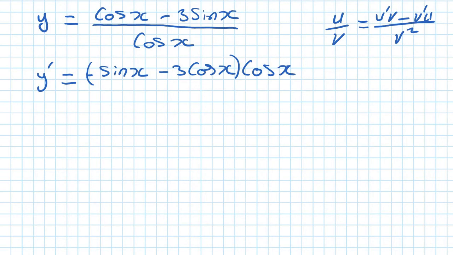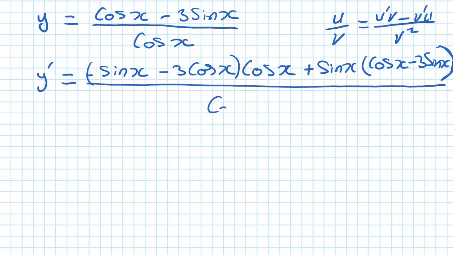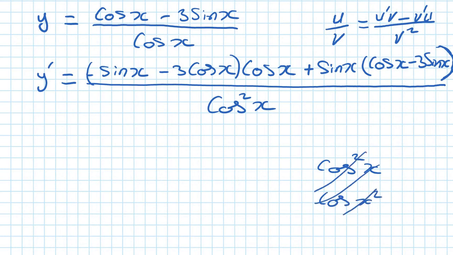That's the first part. Then differentiate the bottom, cos becomes minus sine, so minus minus gives me a plus, don't forget, sine x, and then you times the top, of course, so that becomes cos x minus 3 sine x. Sorry, I ran out of space, there you go. All over the bottom squared, which is cos square of x. Please remember cos square of x, not cos x squared, they're different. Just keep that in mind for me.